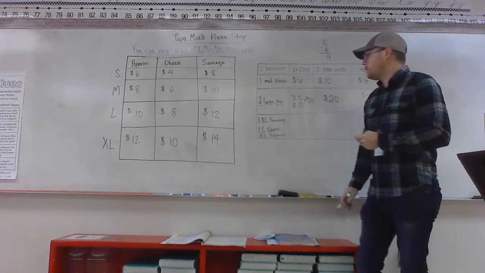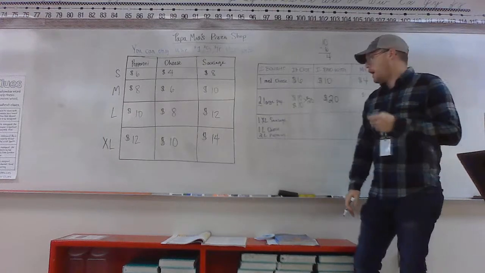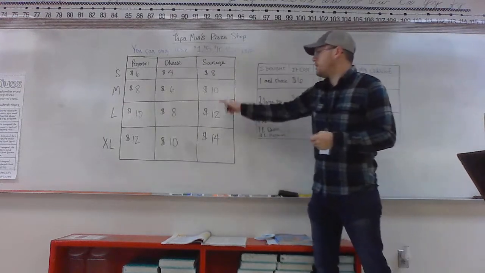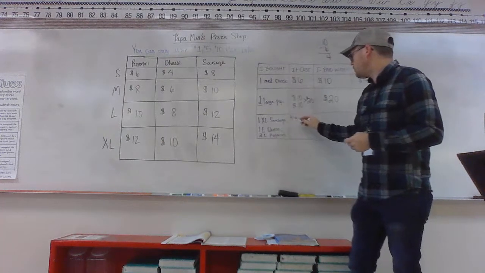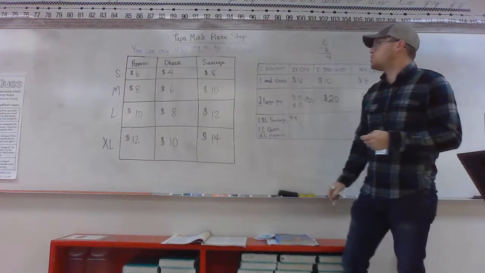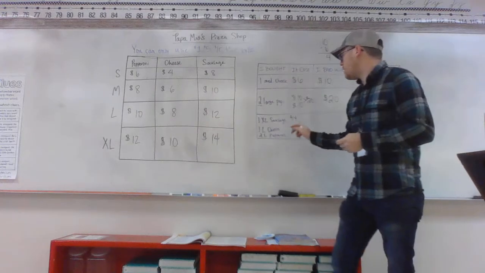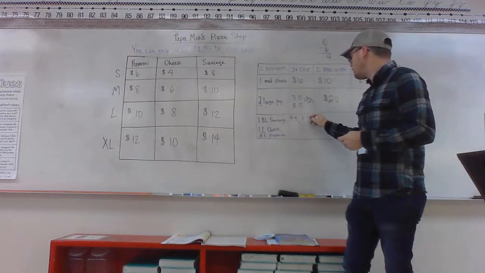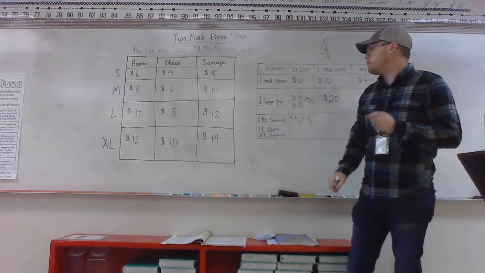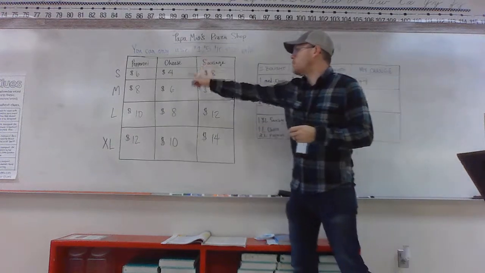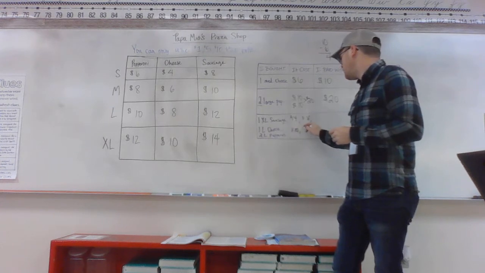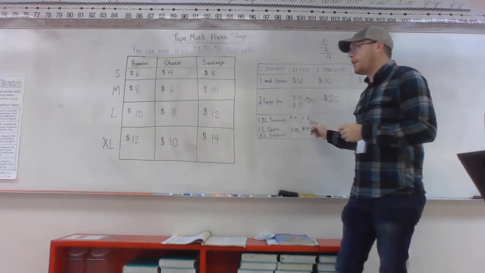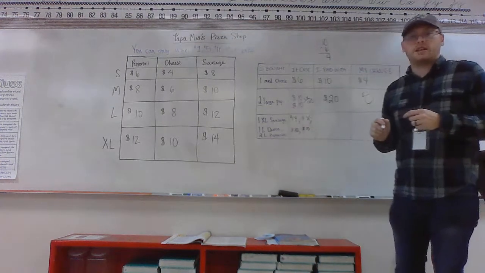And then finally, this one's a little bit trickier. I have 1 extra large sausage pizza, that's $14. I have 1 large cheese pizza, which is $8. And then I have 2 large pepperoni pizzas, which we already said were $10, so 10 and 10. Now, you're probably going to have to add this up to see how much that cost.